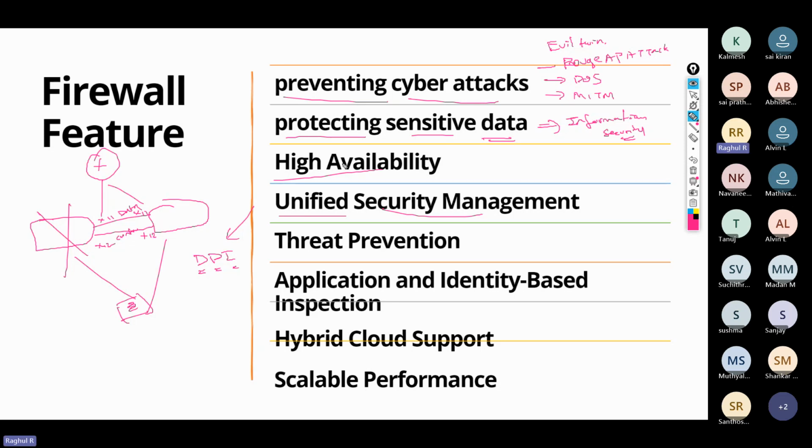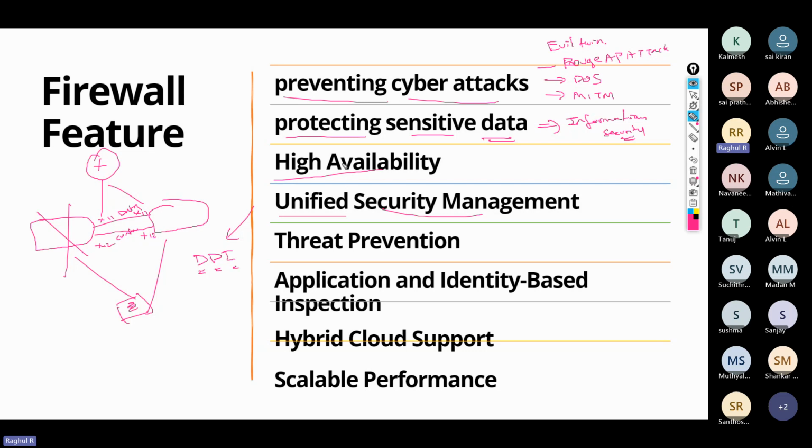Another one is threat protection. This threat protection also comes under the Unified Security Management. So, application and identity based inspection. We have this inspection only for the application. When we are connecting or using an application, there will be some identity, and that kind of inspection we can do.